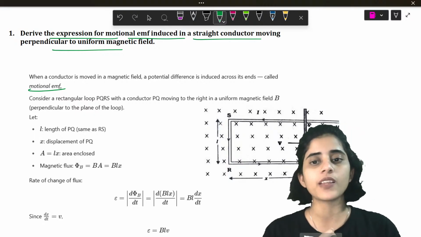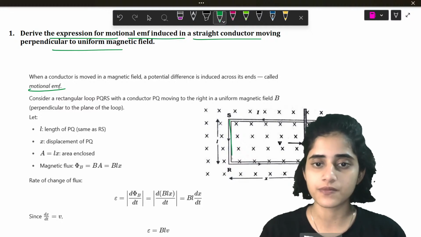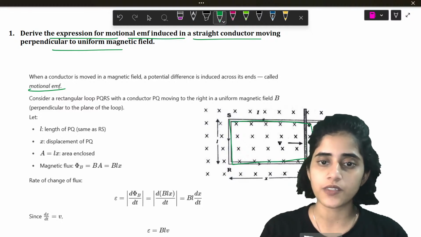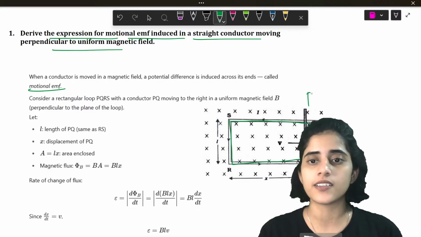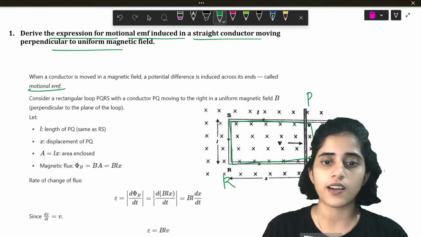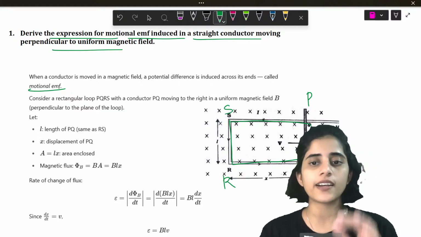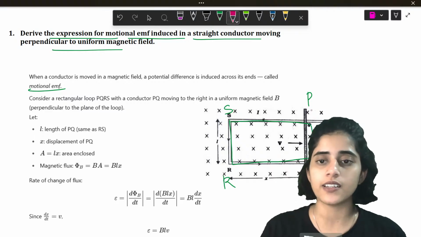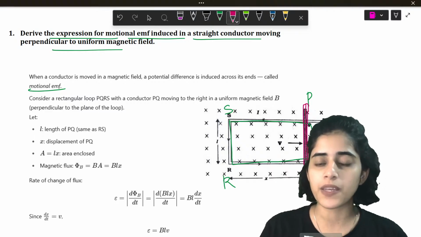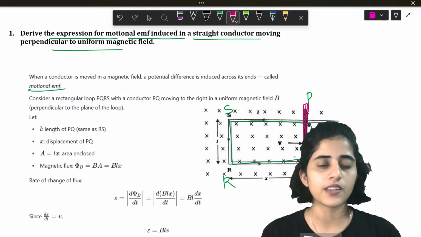Now, if you consider a rectangle, P, Q, R, S, with a conductor PQ. This is a rectangle. And this pink colored PQ is a conducting rod. Okay.